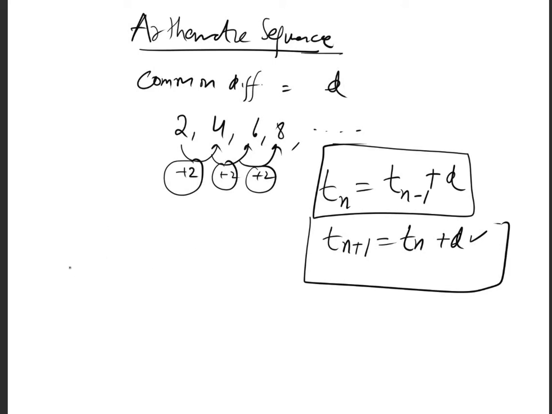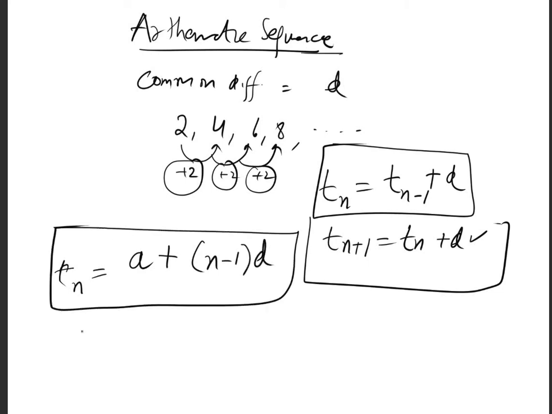And the formula, if you want to go to the nth term directly using the first term, which we refer to as a, is this. So if you want to go to term 40, my n is 40. My first term here was 2, and I want to go to the 40th term.